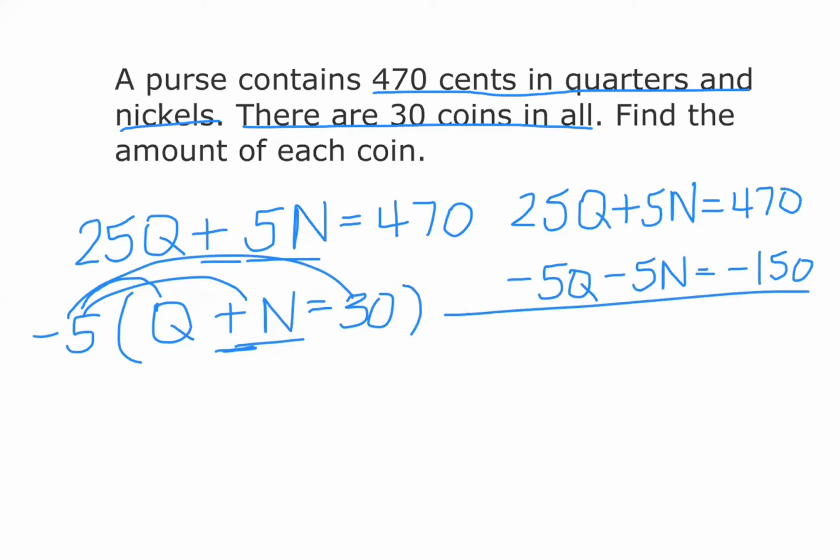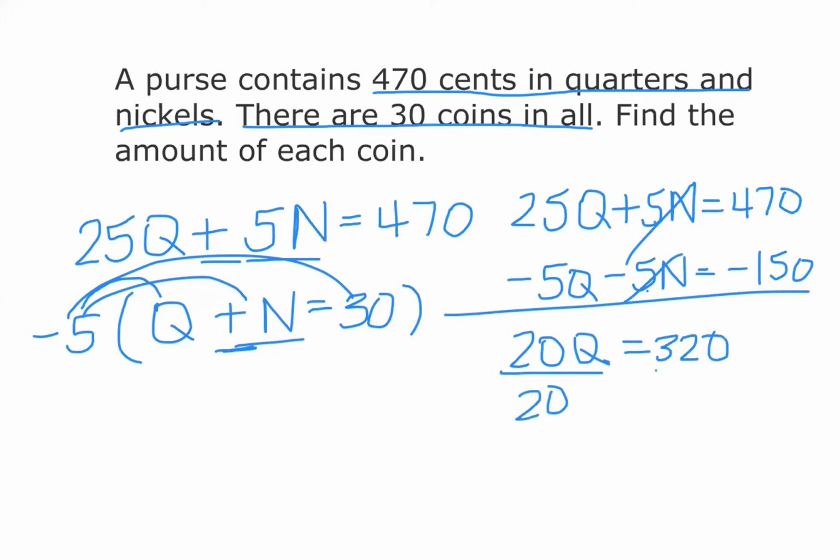So now I join these two together. 25 minus 5 is 20q. 5n minus 5n cancels out and gives me 0. That's the point. That's what it's supposed to do. And now 470 minus 150 gives me 320.